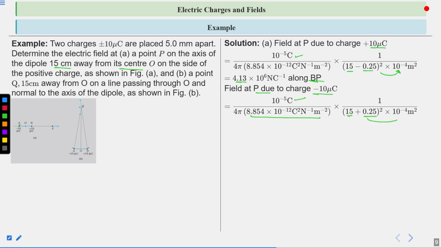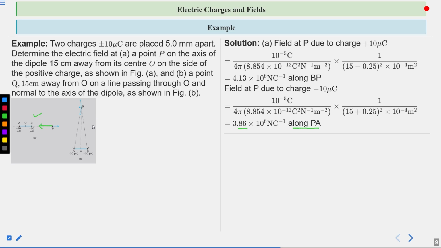Convert it to meter square by multiplying by 10 raised to the power minus 4. Clear? So the net answer is 3.86 into 10 raised to the power 6 newton per coulomb along PA, that is, from P to A, in this direction. Clear?